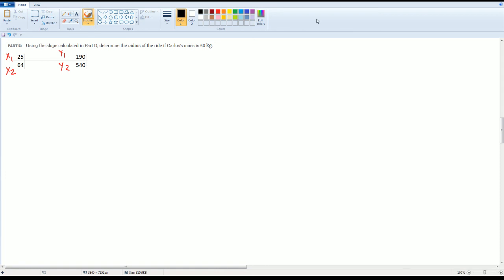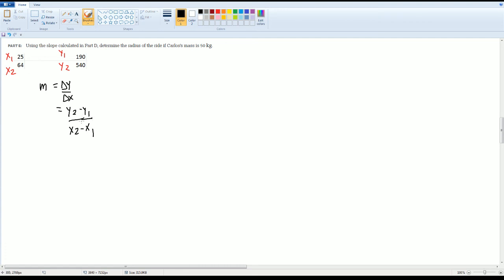Let me calculate slope first, okay? So m is equal to delta y over delta x, which is y2 minus y1 over x2 minus x1.